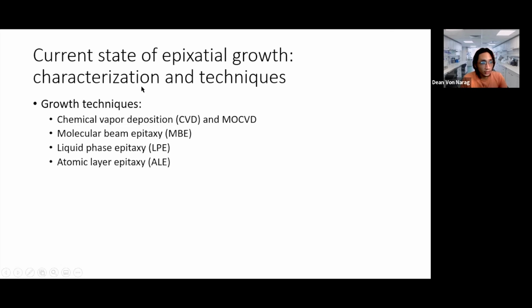Now for the growth techniques, we have a few here which differ from each other based on the sources or precursors that you use for your growth. So we have chemical vapor deposition, CVD, metal organic CVD, molecular beam epitaxy, liquid phase epitaxy, and atomic layer epitaxy.